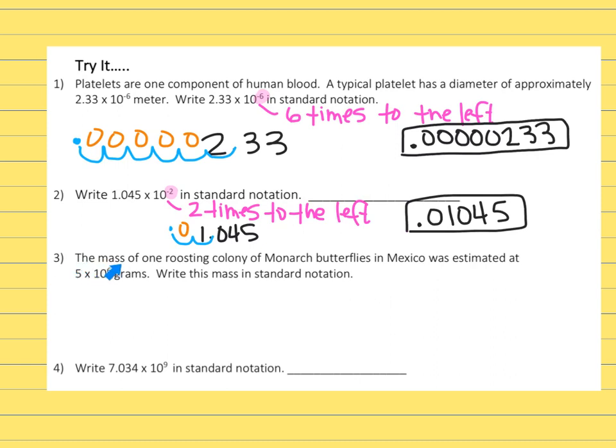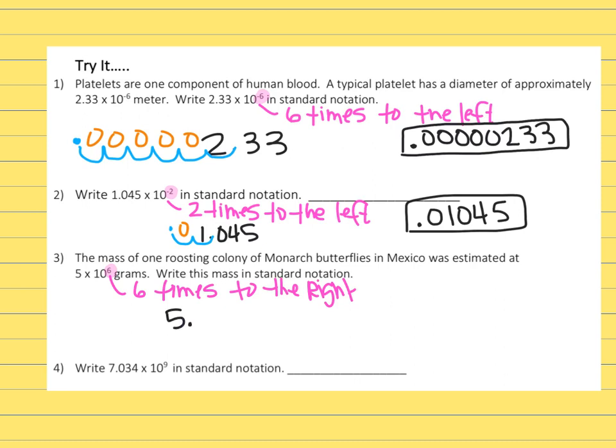Number 3, it says the mass of one roosting colony of monarch butterflies in Mexico was estimated at 5 times 10 to the 6th power grams. Write this mass in standard notation. Step 1, check the exponent. It's a positive 6. If it's positive, that means I need to move the decimal point to the right. So 6 times to the right. The original number was just 5.